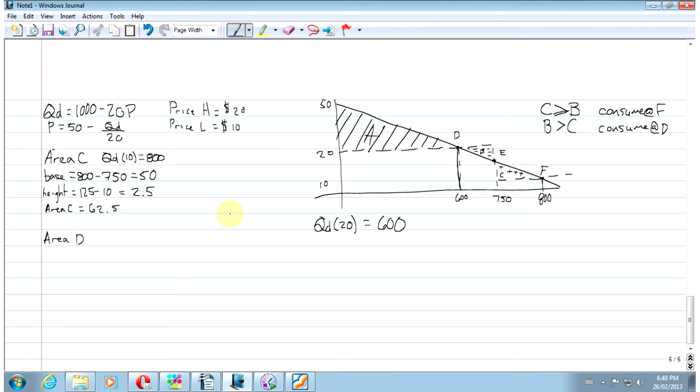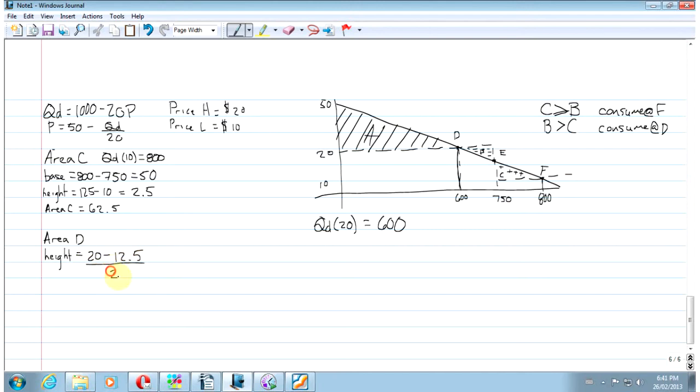Well, I already know that the high price is $20, and that the price where it crosses is 12.50. So I know that height is 20 minus 12.5.